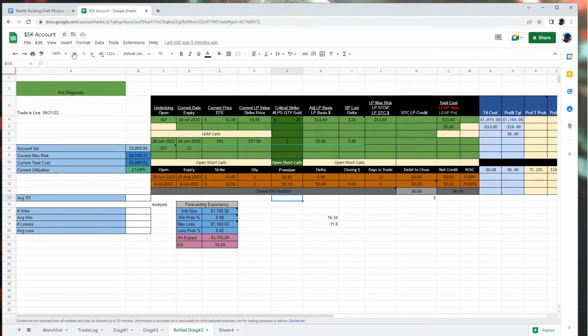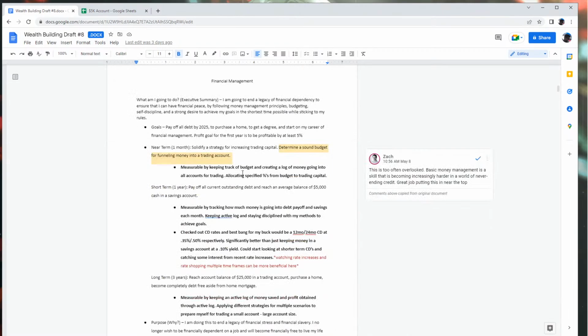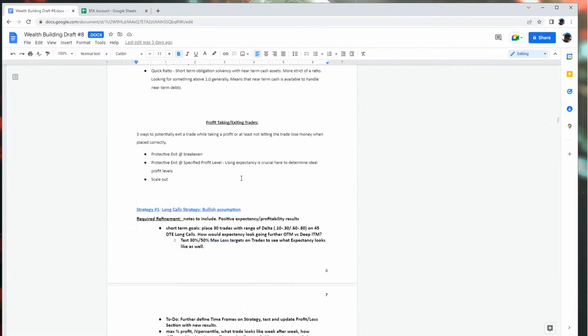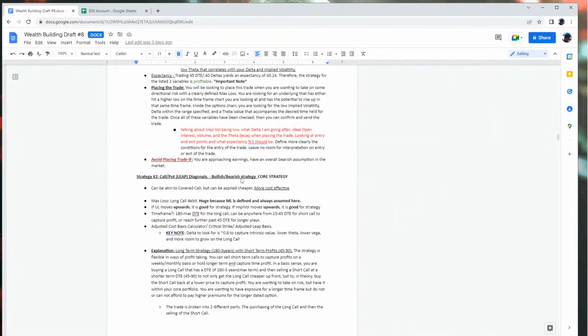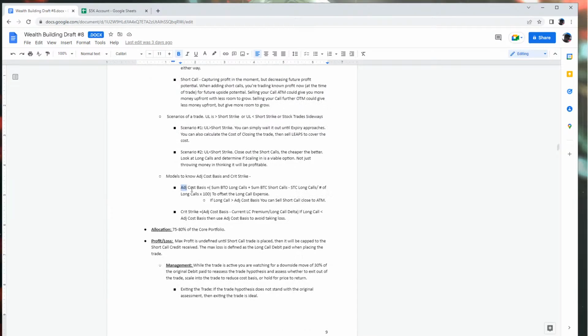Some things that I want to look at. A thing that I really want to emphasize, and dig into my brain, is the calculations. These two guys right here: adjusted cost basis and critical strike.